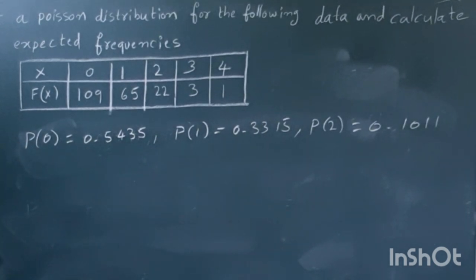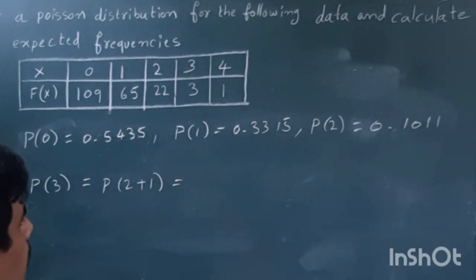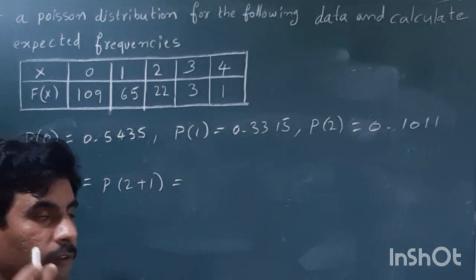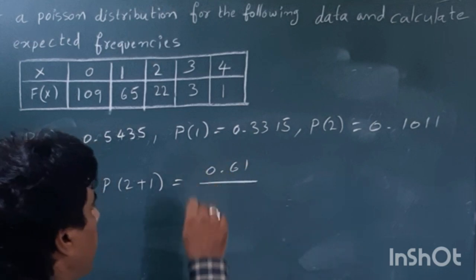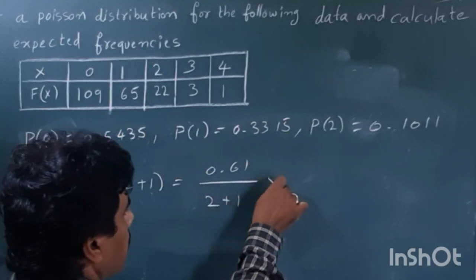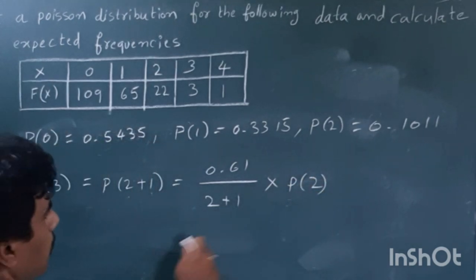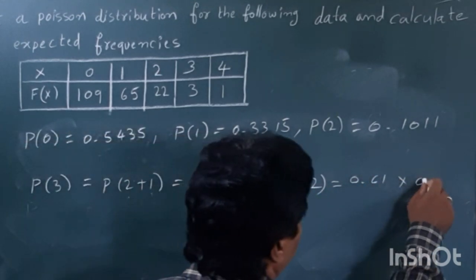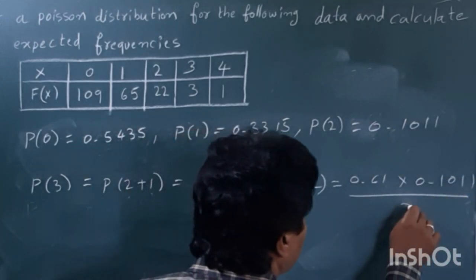Now let us find out P of 3, that is P of 2 plus 1. Here x is equal to 2. As per the recurrence formula, mu by x plus 1 into P of x. Here mu is 0.61, so 0.61 by 2 plus 1 into P of 2, that is 0.61 into P of 2 value 0.1011 by 2 plus 1, that is 3.